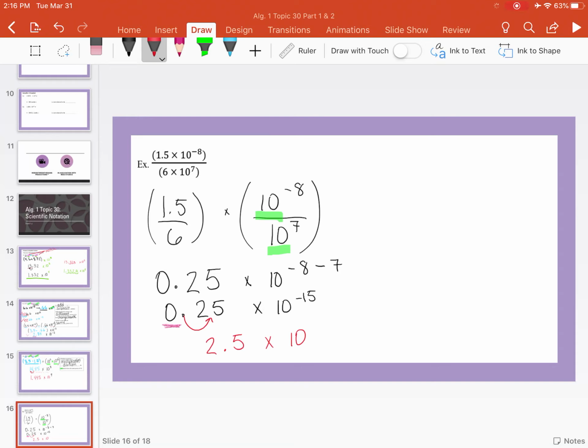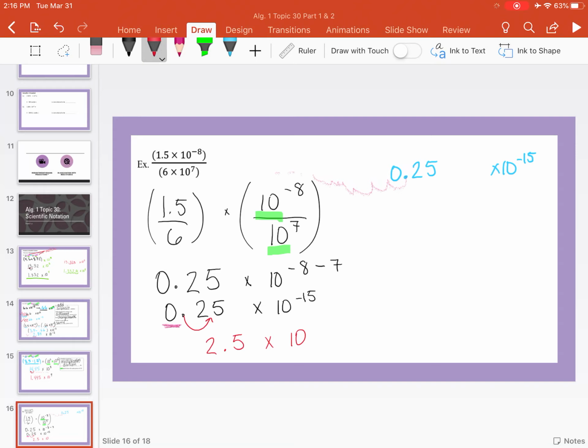So if we think about, again, moving our decimal place, if we have 0.25 times 10 to the negative 15th power, I would need to move my decimal place to the left, because it's a negative exponent, 15 times, and so on and so forth.